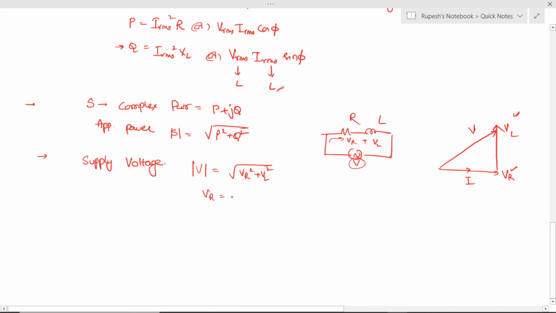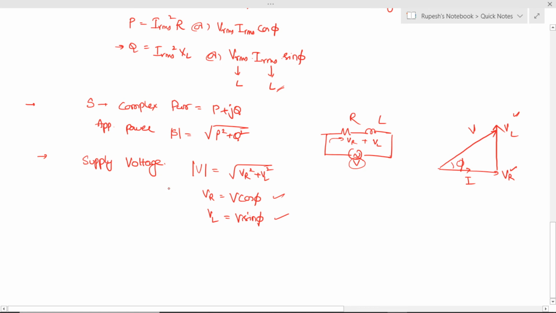Here VR is V cos phi and VL is V sin phi. That we get from the vector where V makes an angle phi with VR, by resolution of vectors.